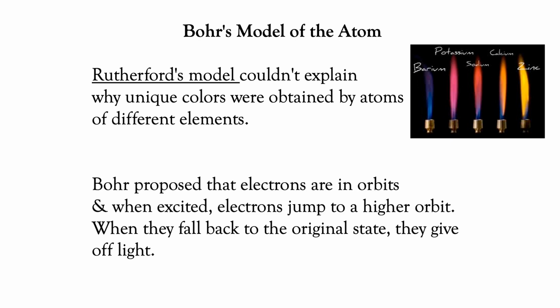It was Bohr who proposed that electrons are in orbits, and when excited, these electrons jump to a higher orbit. When they fall back to the original state, they give off light. And that is why you would see different colors for each element.